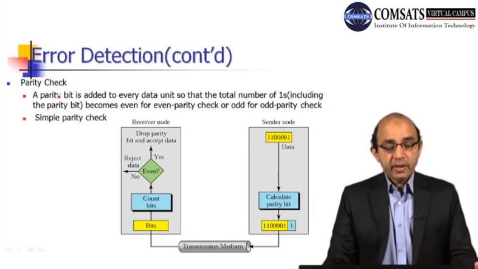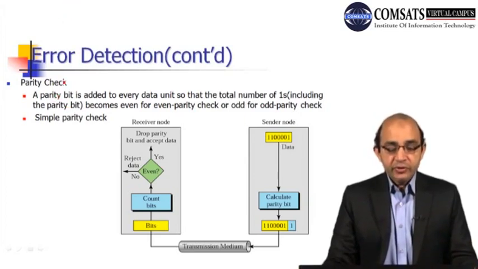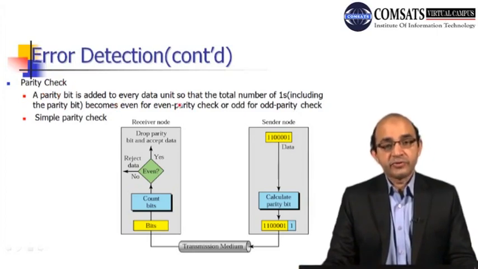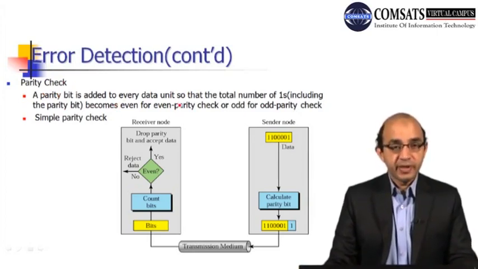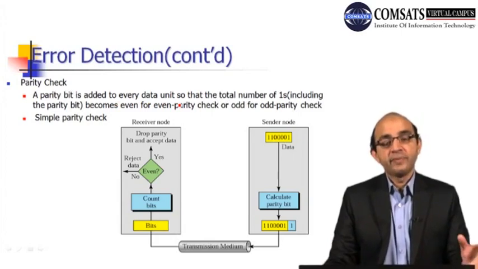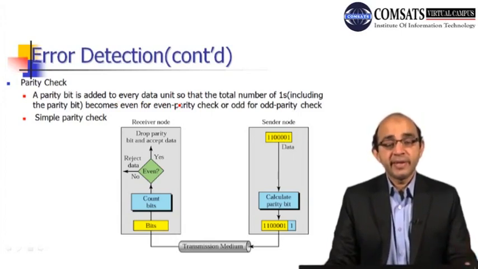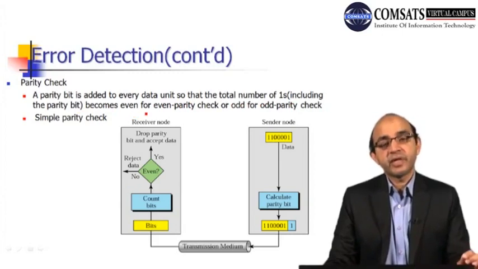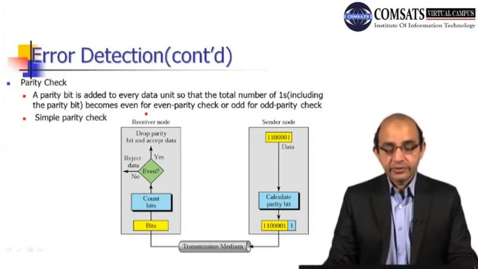So what we normally do when we use parity as error detection is add it to every data unit. For example, we have a data unit of 4 bits, and we have to add a redundant bit, that is the parity bit, so that the total number of ones including the parity bit becomes even. We have two different types of parity, even and odd. The total number of ones should be even if we are using even parity, or odd if we are using odd parity.